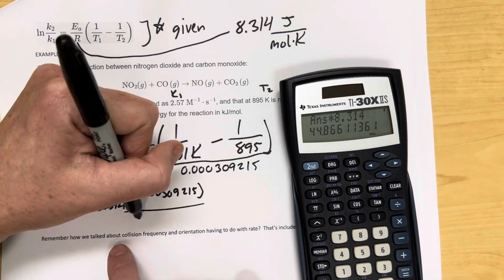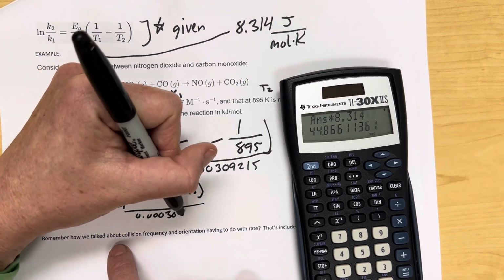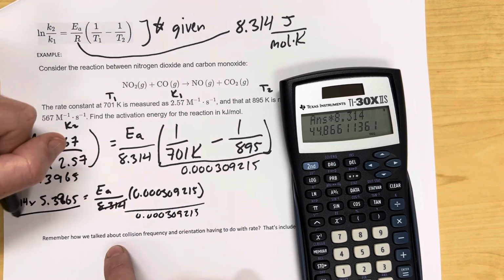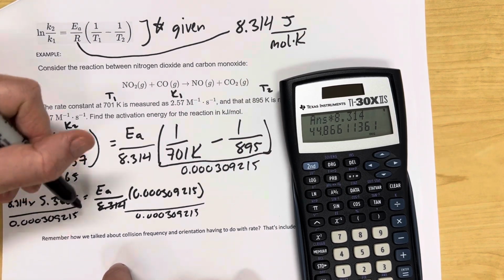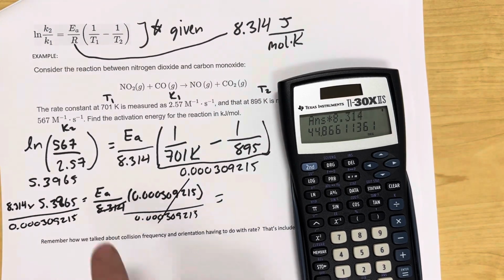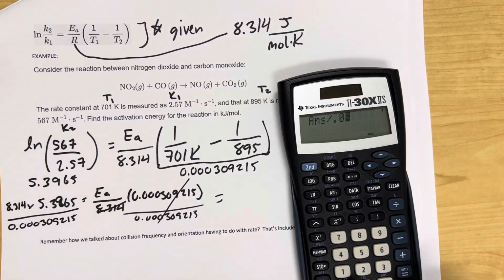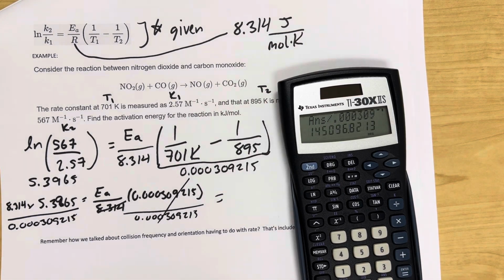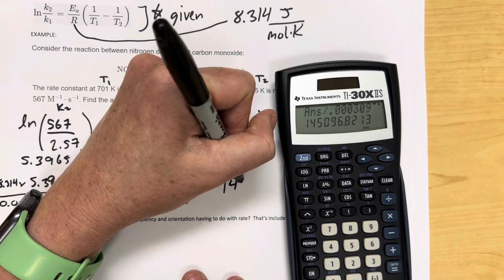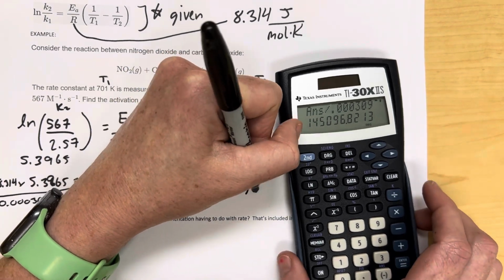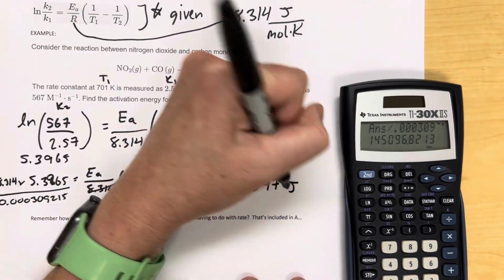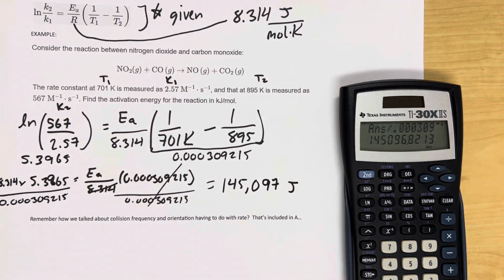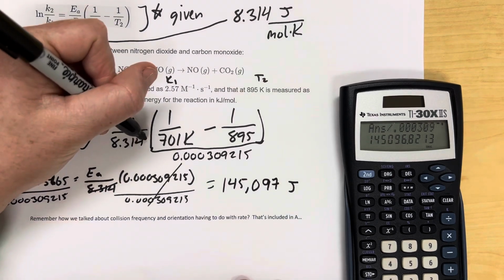And then I'm going to divide both sides by the 0.000309215. And that's going to solve for my E sub A. And I get a big number, 145,097 joules.